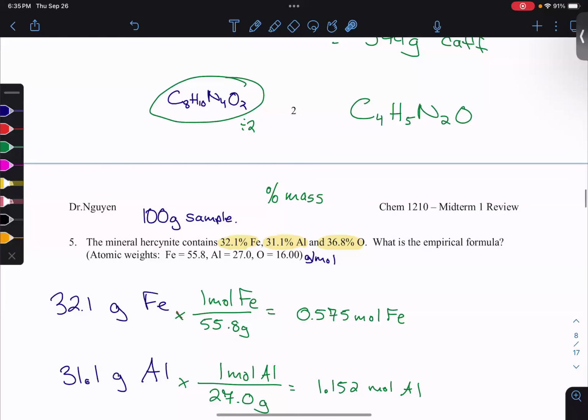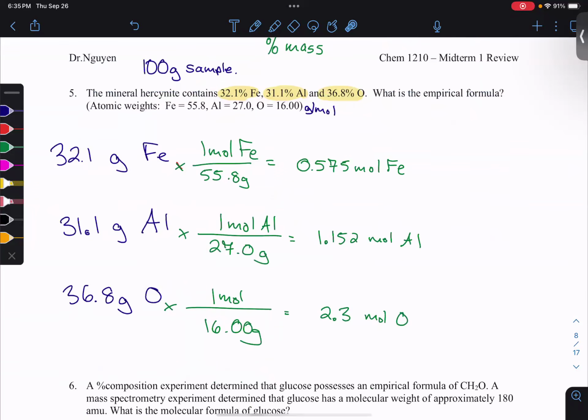They're always counting numbers. So how we turn these mole amounts into integers is by identifying what is your smallest number that you just calculated, right? So in this case, it's the iron, that's the smallest number. Then what we're gonna do is divide every single number we just calculated by that number. So we're gonna divide everything by 0.575, right?